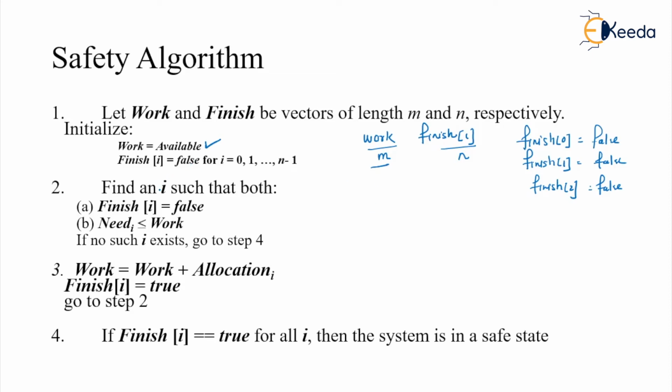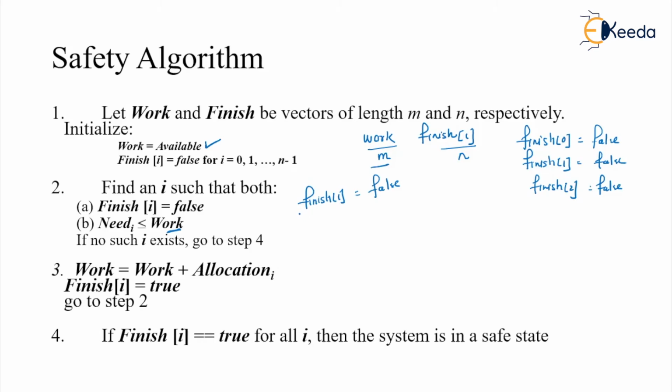Now here, find an index i such that both Finish[i] is equal to false and Need[i] is less than or equal to Work.